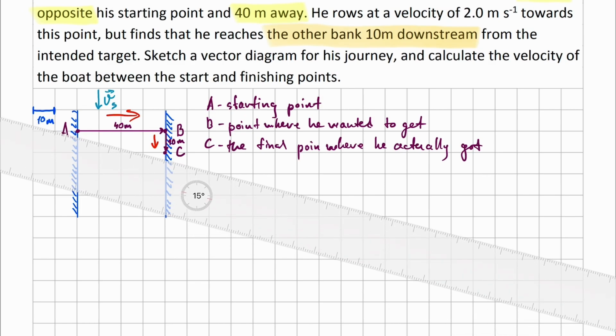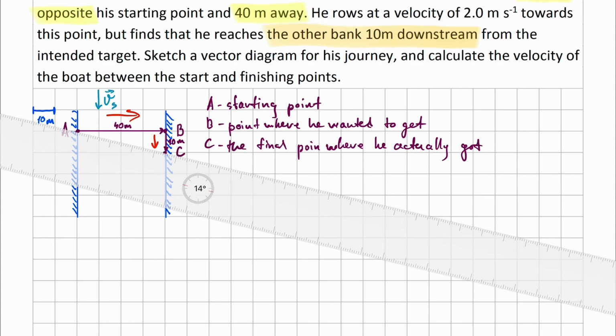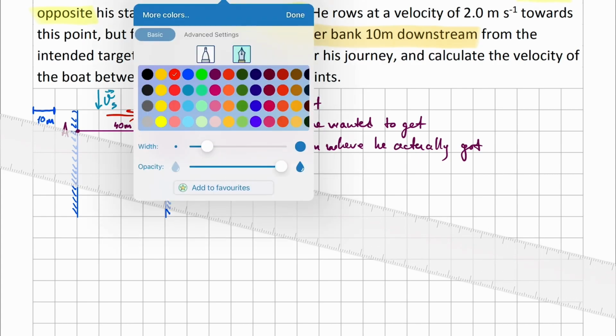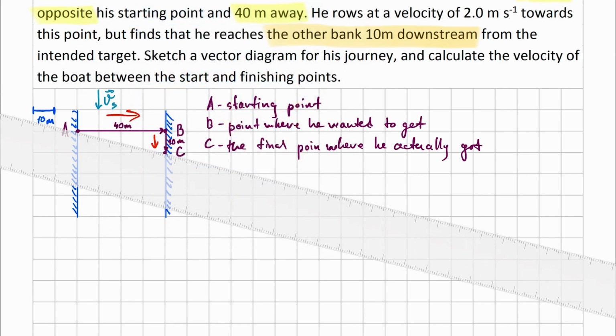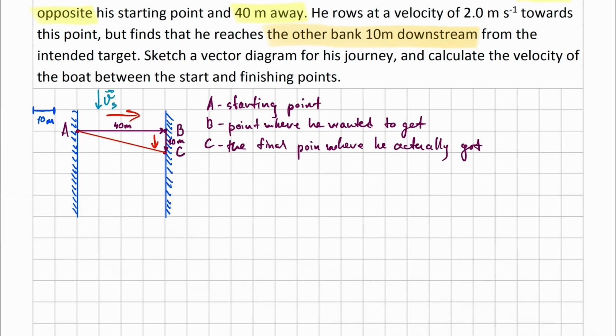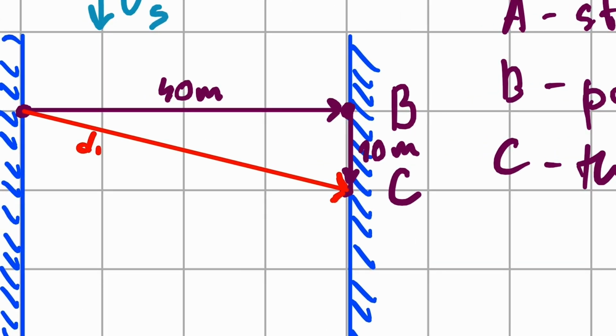Basically, displacement by its definition is the shortest vector from the starting point to the final point. So let's draw this. This is the vector of displacement. And we can actually state it, we can just write displacement.